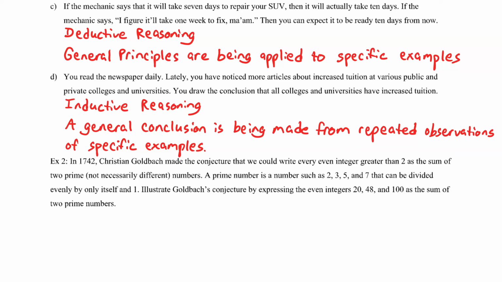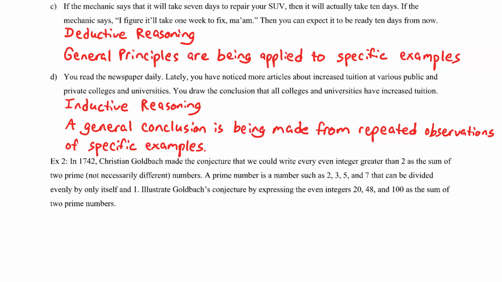So the example we have tells us in 1742, Christian Goldbach made the conjecture, he made that hypothesis, that we could write every even integer greater than 2 as the sum of 2 prime numbers. Now, it says not necessarily different, so it could be the same prime number that we're using. Well, what is a prime number?